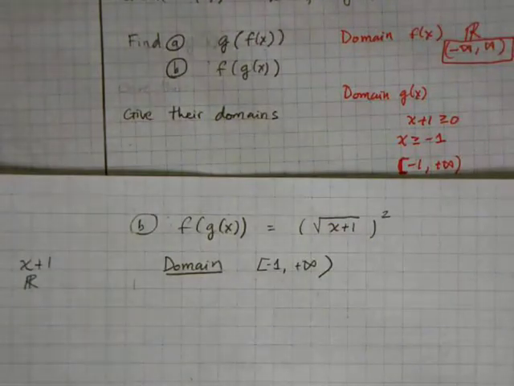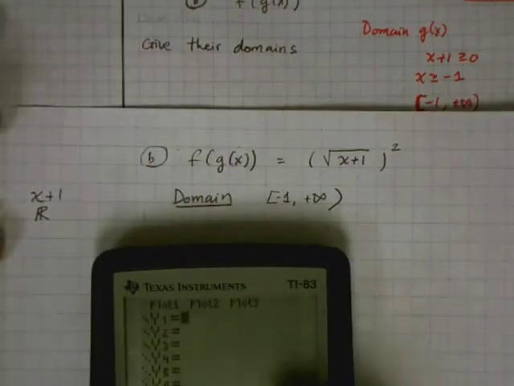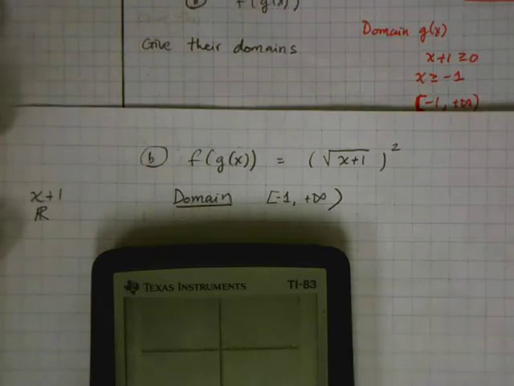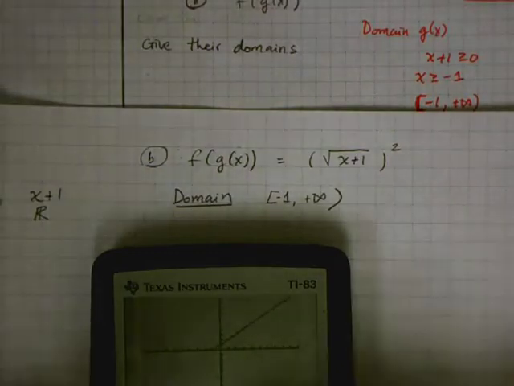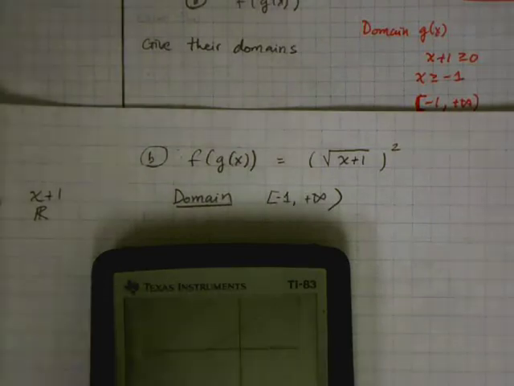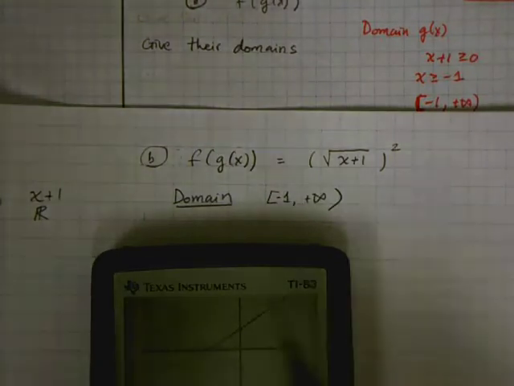Okay? And so let's illustrate this with a graph. So I'm going to take my calculator and type in the parentheses, the square root of x plus 1, and then square everything and graph. Okay. And you can see from the graph, and I'm going to even zoom in a little bit here, you can see from the graph that it only starts at -1.